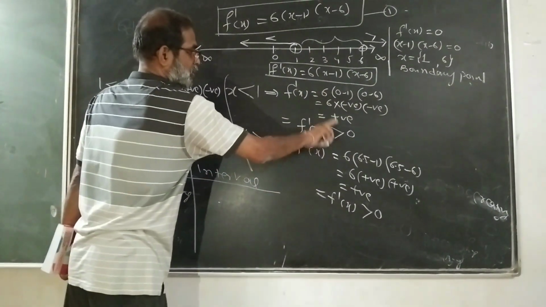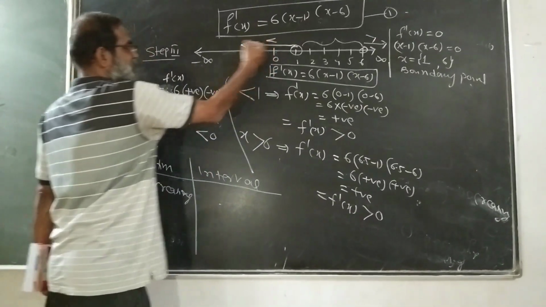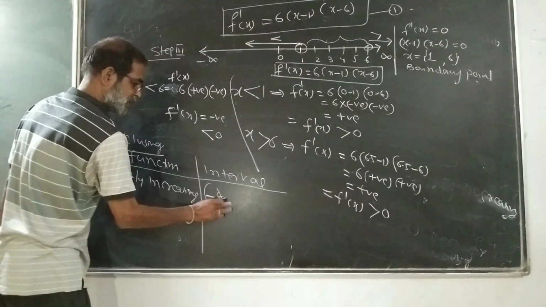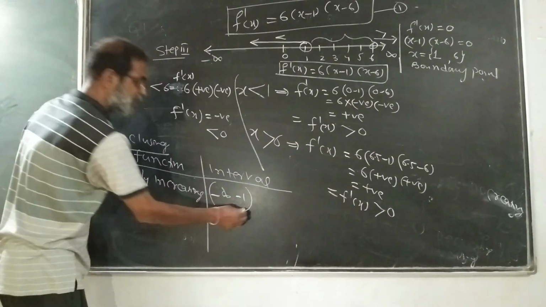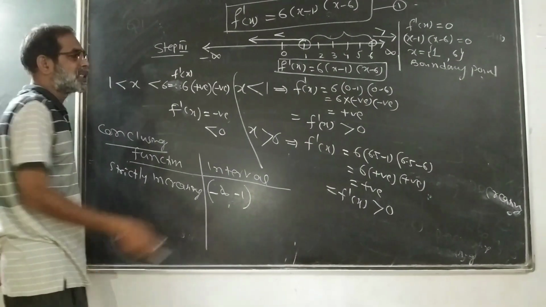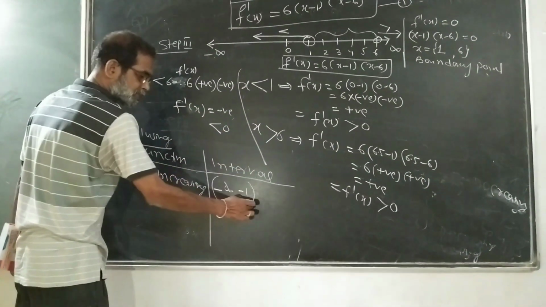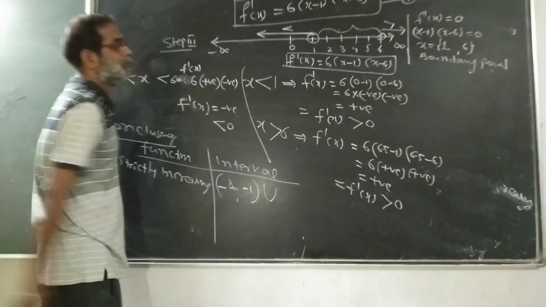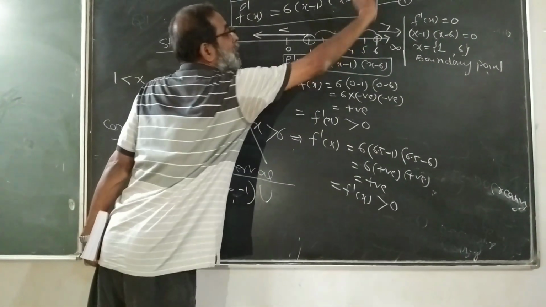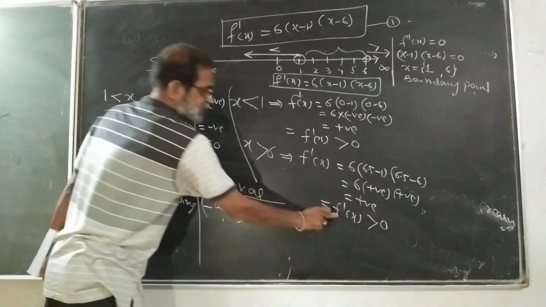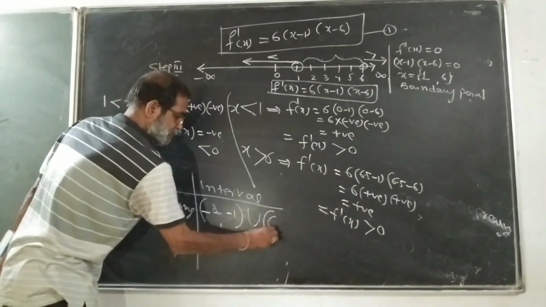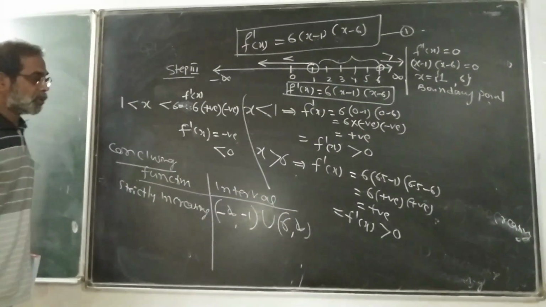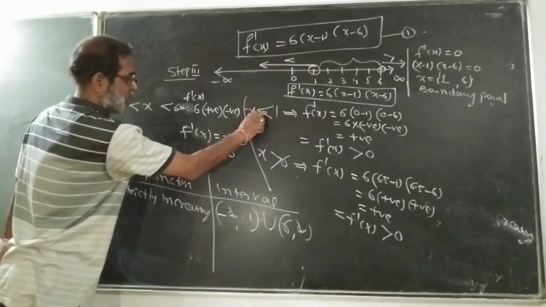So at x less than 1, this side is minus infinity to 1 with open bracket. I told you in first year, where equal to symbol is absent, use an open bracket. Union 6, x greater than 6, greater than 0, open bracket 6 to infinity. So plus 1, not minus 1, plus 1.